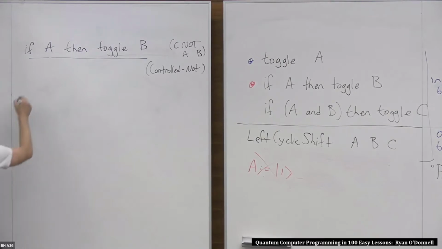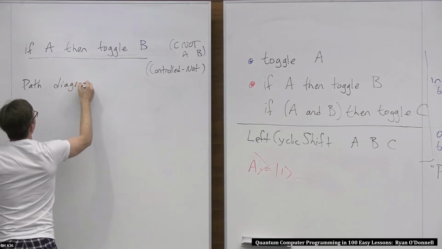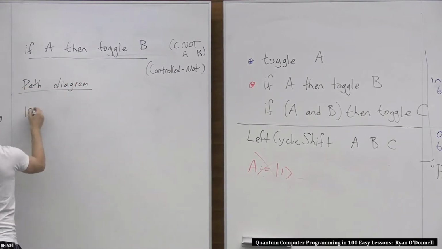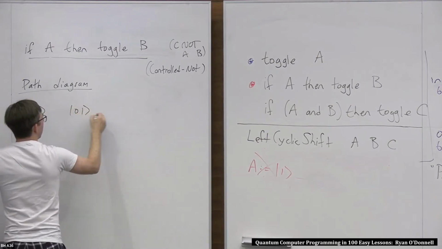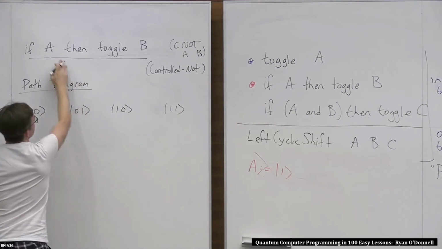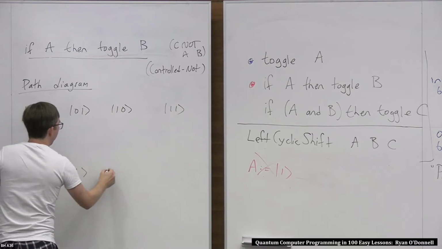Okay, so let's draw the path diagram for this. It's pretty simple. If I were following my convention, I'd use blue for the basic states, but let me just stick them in black. So we write down all the possible basic states. There are 4 of them because this is operating on 2 qubits. These are incoming, these are outgoing.